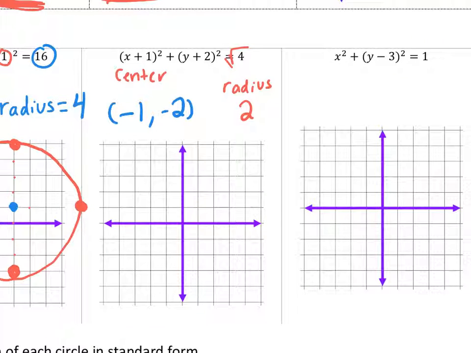So how do I plot the center? Good? And then how do I plot my radius? Well, I go in all directions of 2, right?